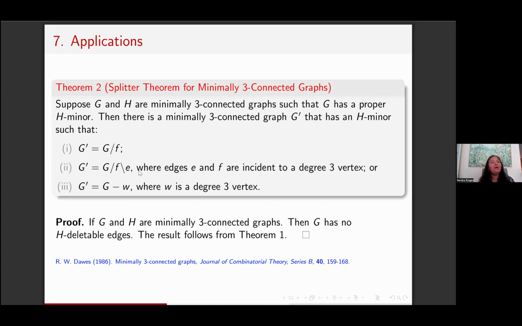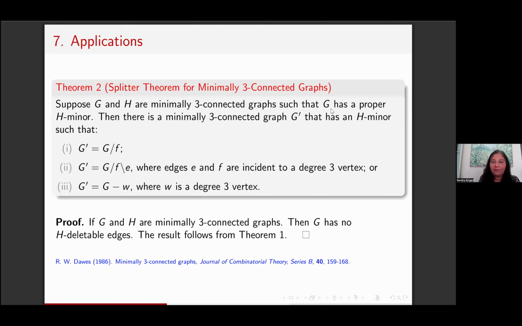Okay, so an immediate application that we get is a splitter theorem for minimally 3-connected graphs. So suppose G and H are minimally 3-connected graphs such that G has a proper H minor, right?